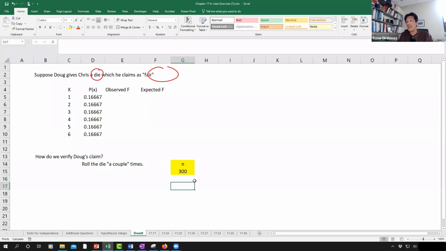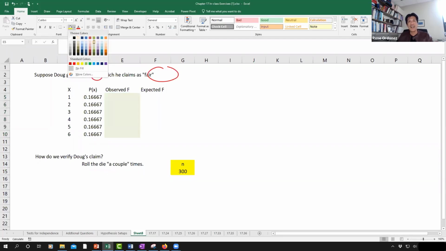So Chris will roll this die 300 times, and every time he rolls it, he will take note of how many ones appear, twos, threes, and so on. That would be what we call the observed frequency.